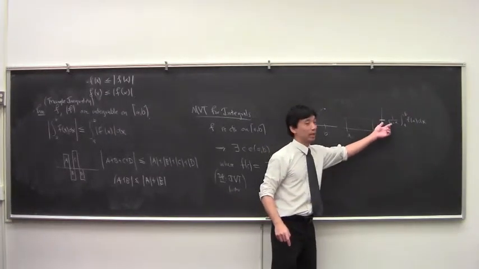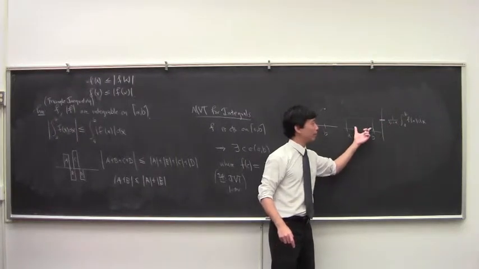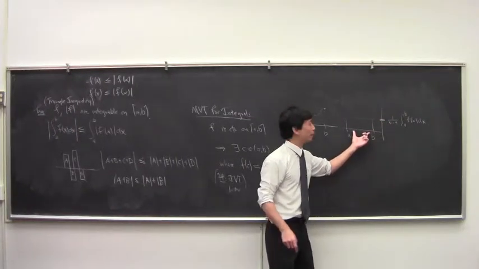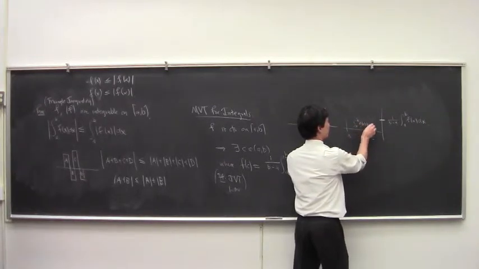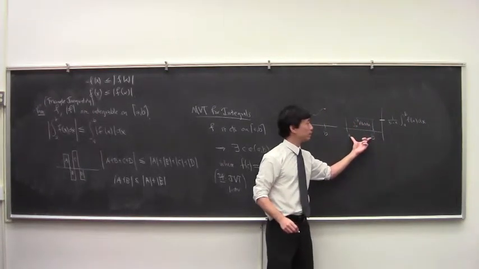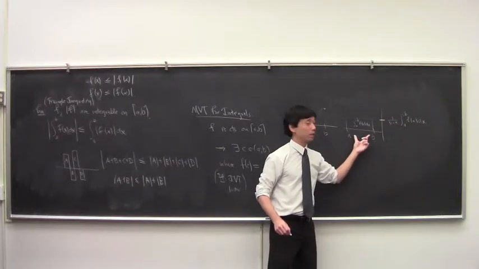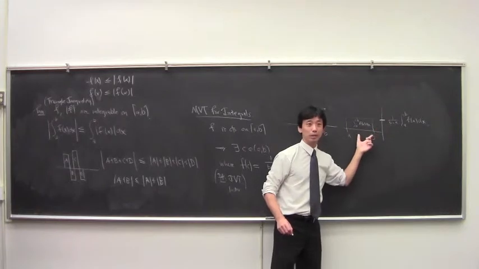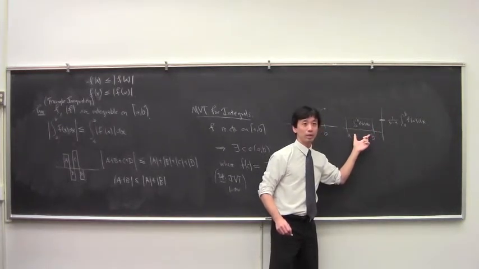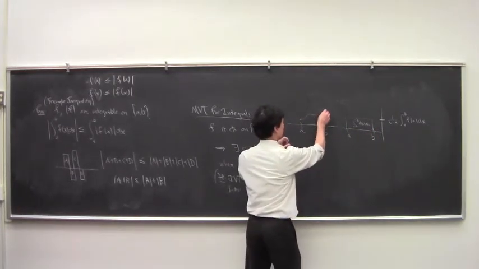Well, let's take a box with that height. What's the area of that box? Well, the area of that box is going to be this, right? Because base times height is b minus a times 1 over b minus a times this integral here.